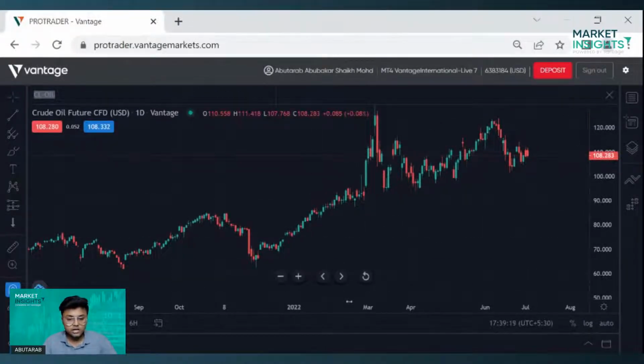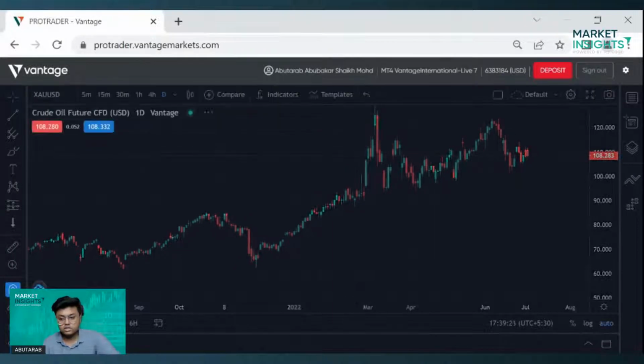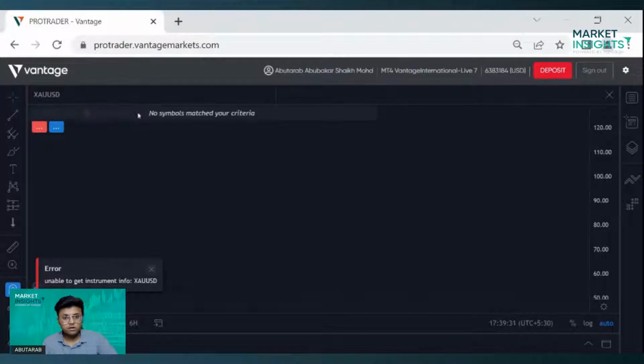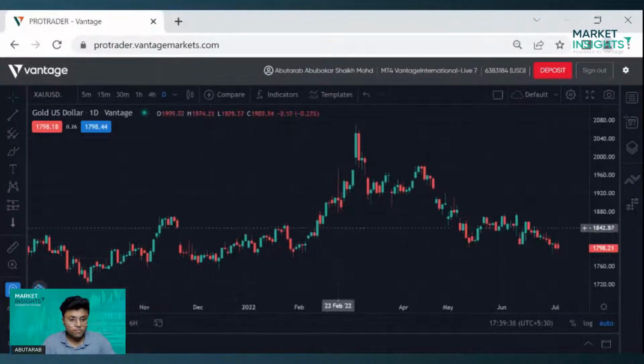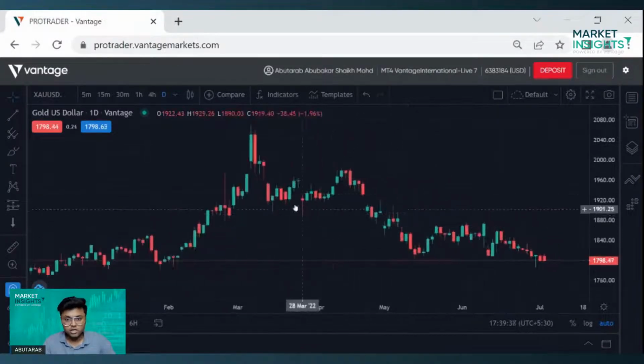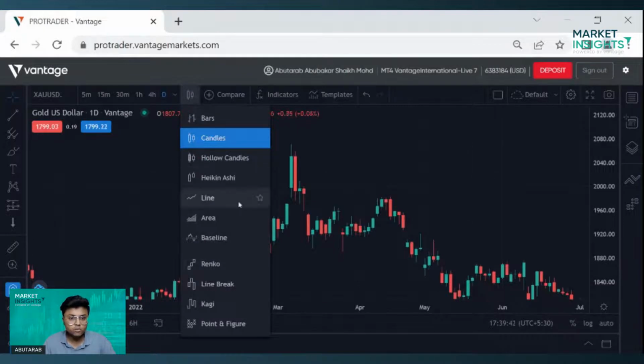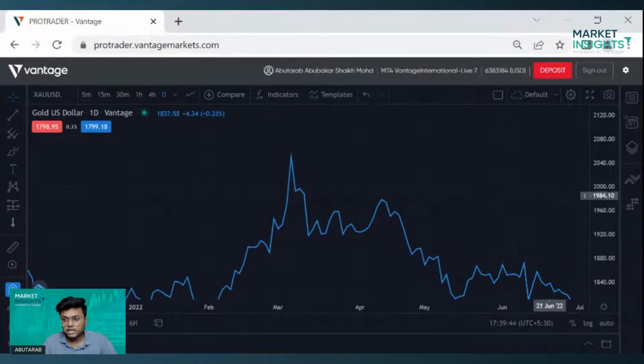We will start with the most basic kind of chart. Okay, this one is our chart. This one is called a candlestick chart. But first we are going to see the most basic of all charts, that is a line chart.